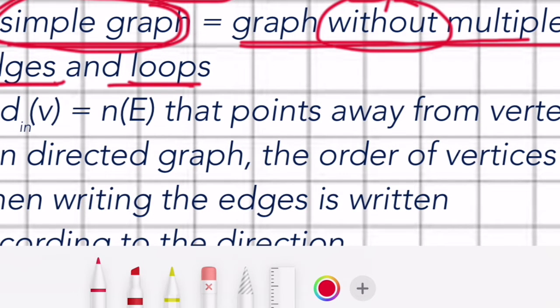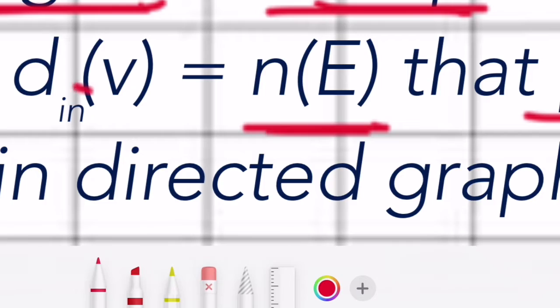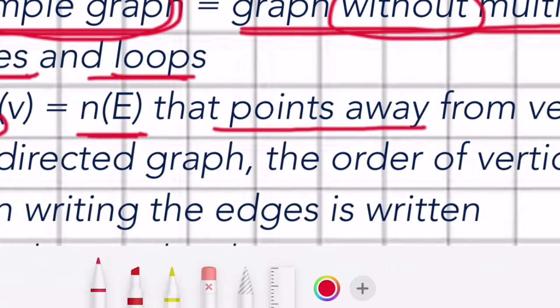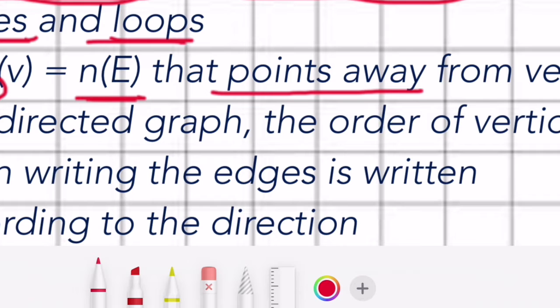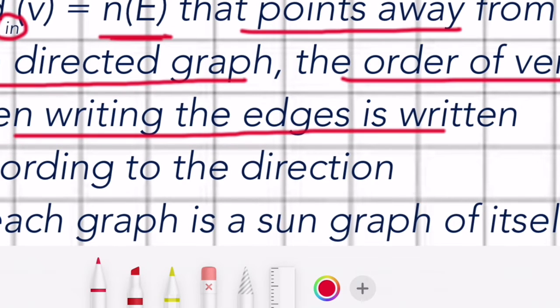D out here means number of edges that point away. There's a small letter of the in. D in. It means that point away from the vertex. In directed graph, the order of vertices when writing the edges is always written according to the direction.